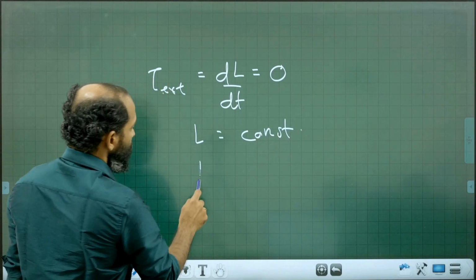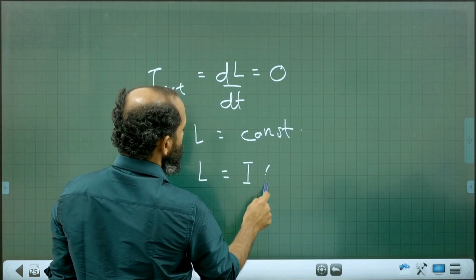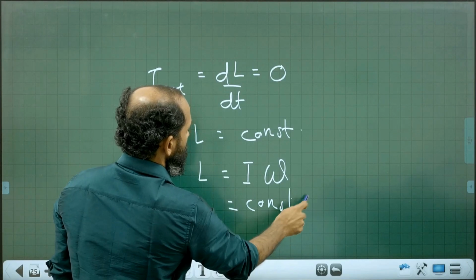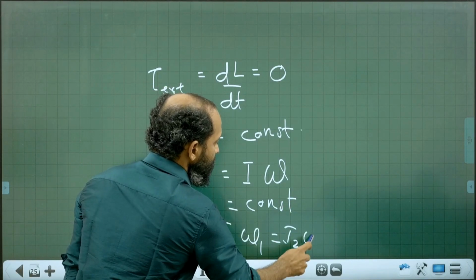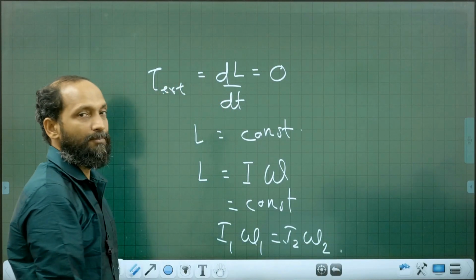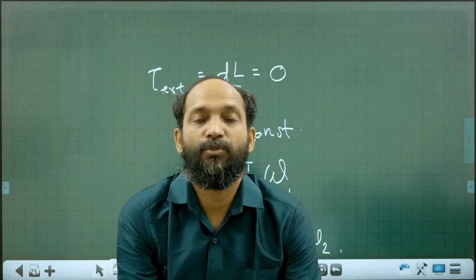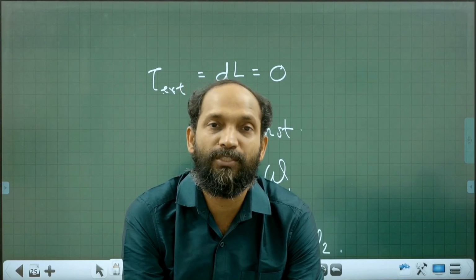We have already learned the formula for angular momentum as moment of inertia times angular velocity. So that is a constant. Then we can use I1 omega 1 equals I2 omega 2. There are many questions based on this.